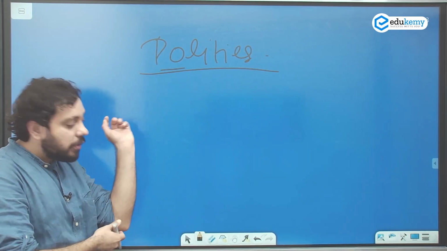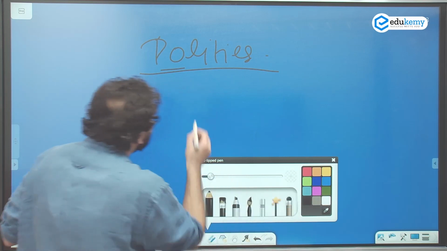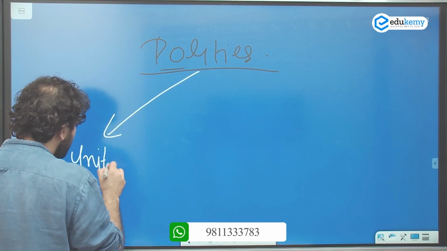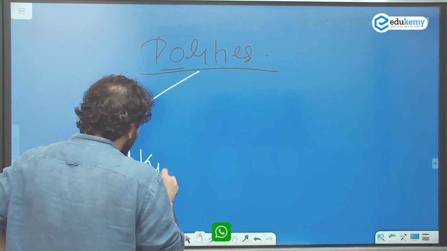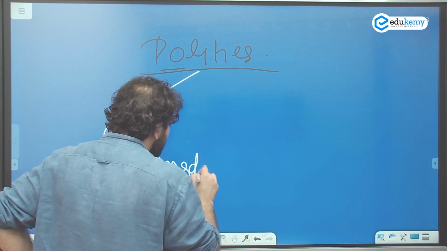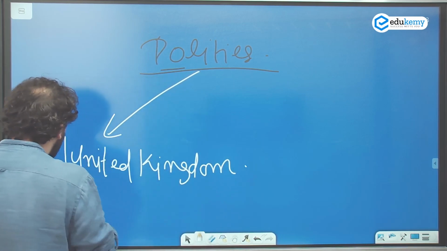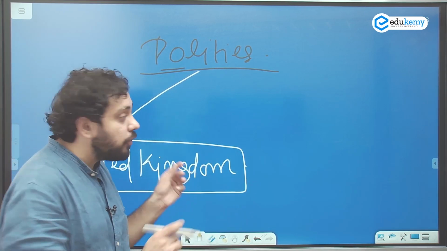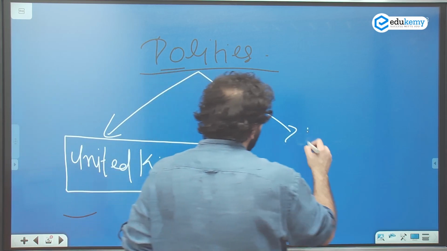Other polities of the world may include the countries of United Kingdom and United States of America. One is the oldest democracy, and the second one is the most powerful functioning democracy in the world today.